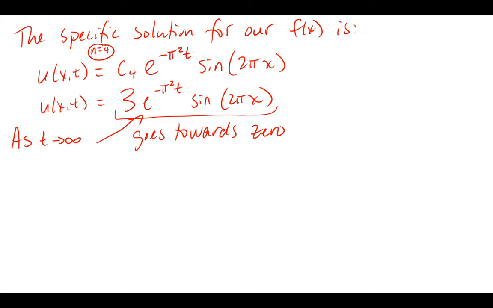If I go to my graph now, if time is 1, for example, and pi squared is about 10, e to the negative 10 is already minuscule. So this is one where you'd probably want to sketch some pretty small time steps, like time equals 0.1, or probably even less, 0.01, 0.02.